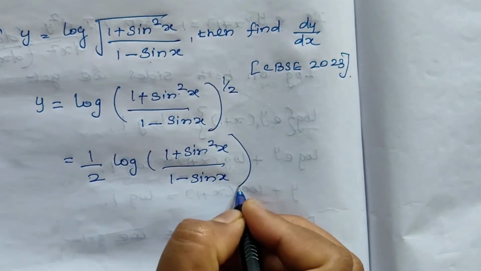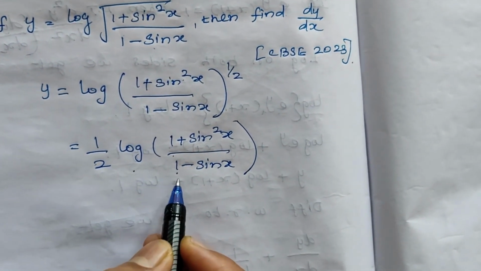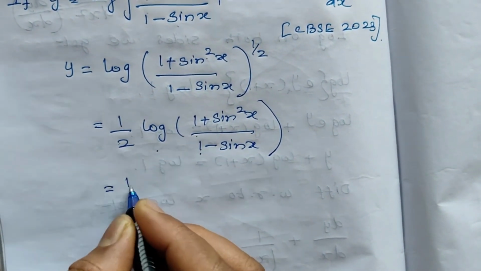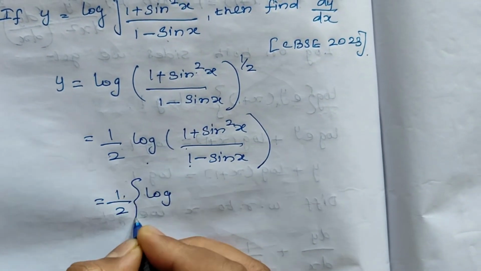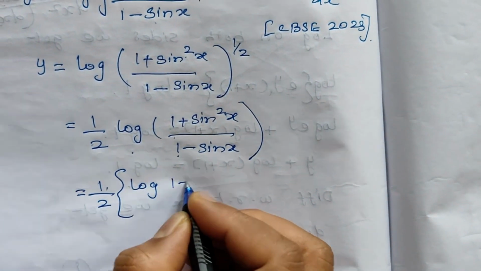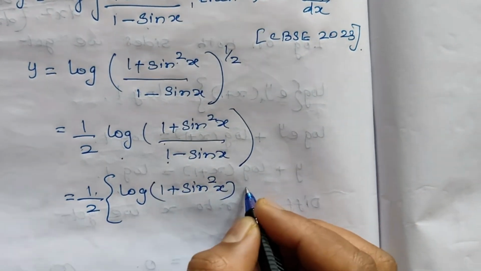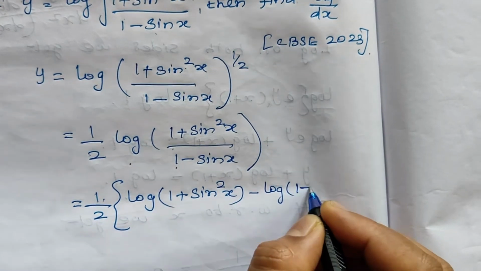Next you have to use log of m by n equals log m minus log n. Therefore this equals 1 by 2 log of 1 plus sin squared x minus log of 1 minus sin x.